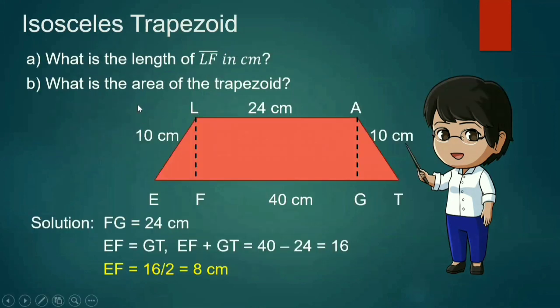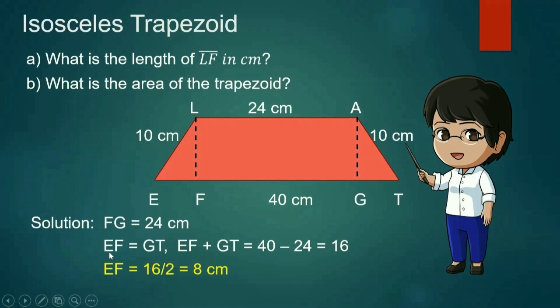Since the trapezoid is an isosceles trapezoid, we have AT equal to LE, or LE is equal to 10 centimeters. And since LA is 24 and LA is parallel to FG, FG here is also 24, leaving the line segments EF and GT as the difference between 40 and 24.